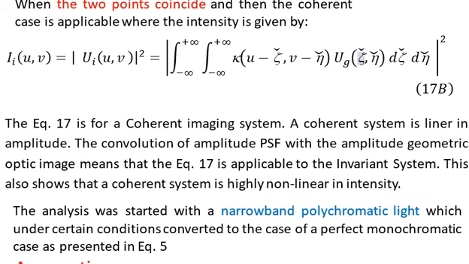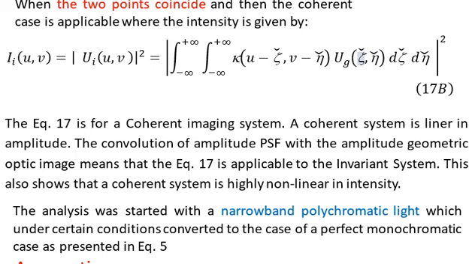A coherent imaging system is linear in amplitude. The convolution of the amplitude PSF, which is kappa over here, with the amplitude geometric optics image, which is Ug of zeta and eta in equation number 17b, means that equation 17 is applicable to the invariant system also.